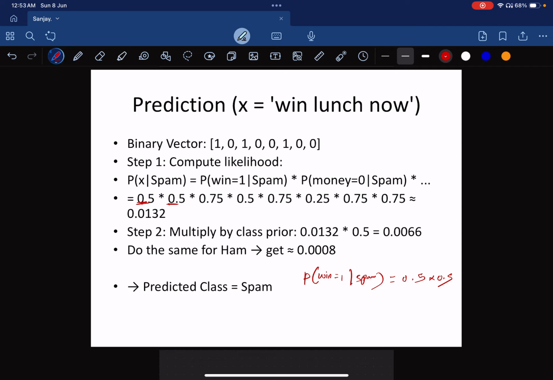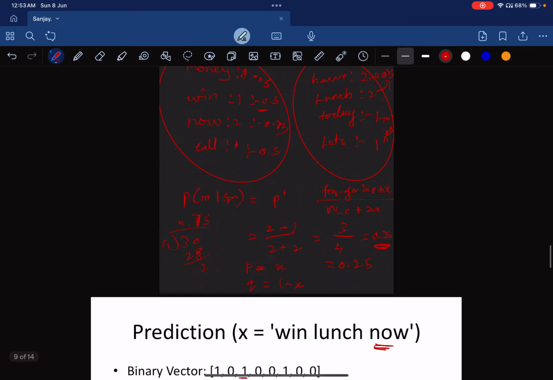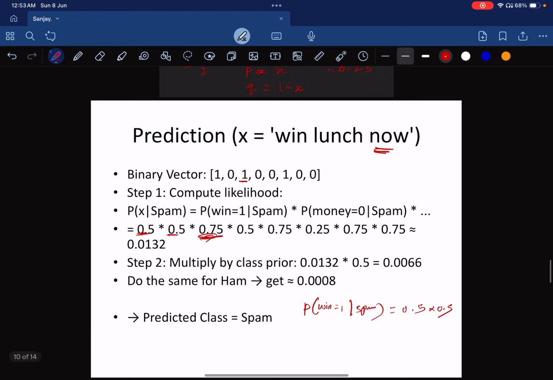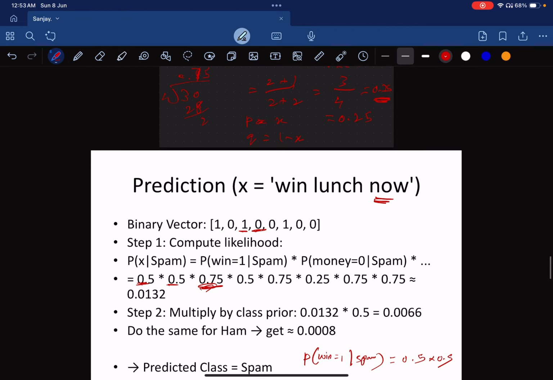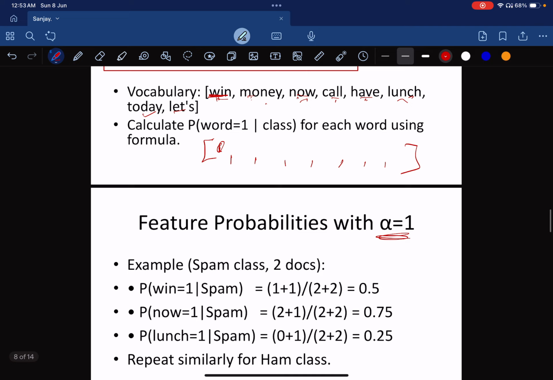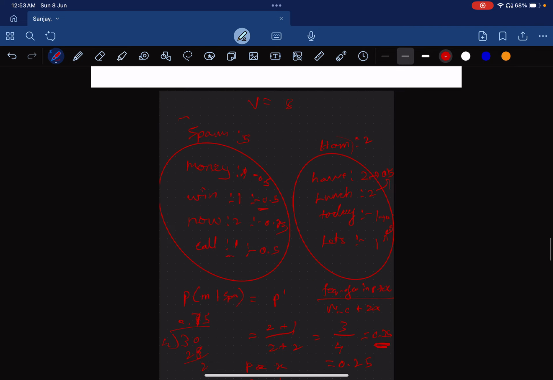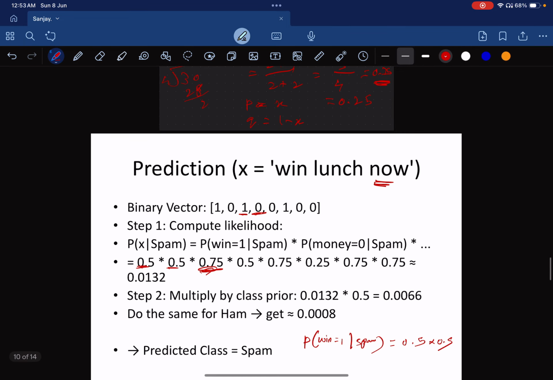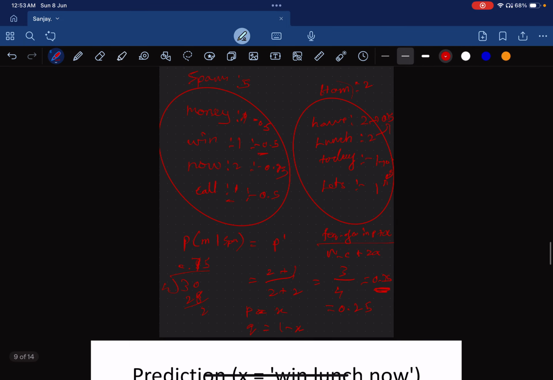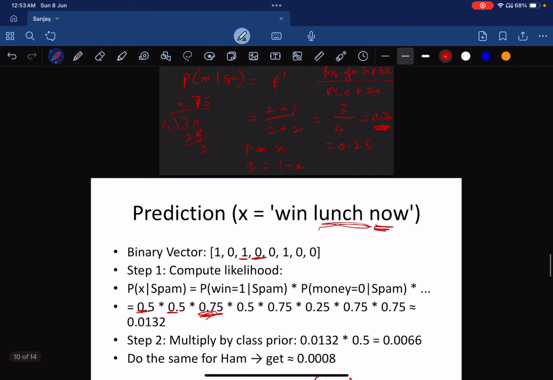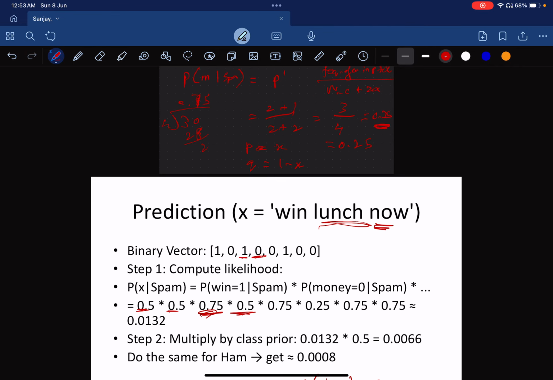We similarly do the same for now: the probability of now being present in that class is 0.75, and we put 0.75. Then for call, it is not present here, so we want the probability that it is not present in that class, which is 1 minus 0.5, and here also 0.75.